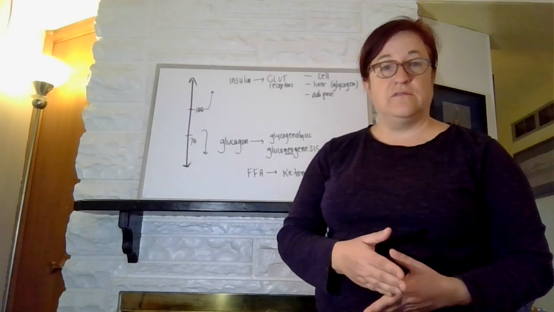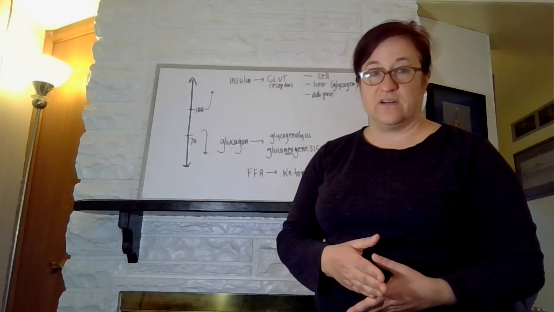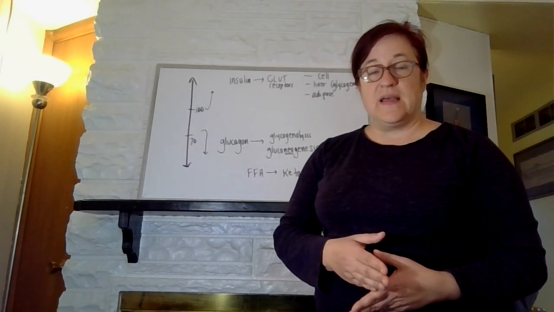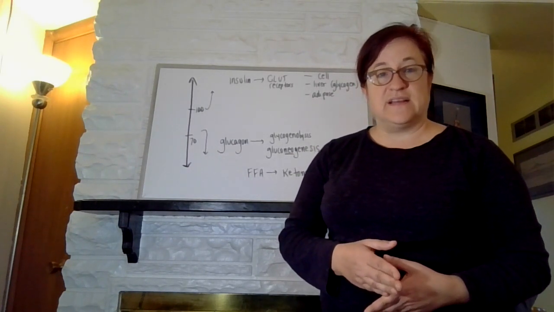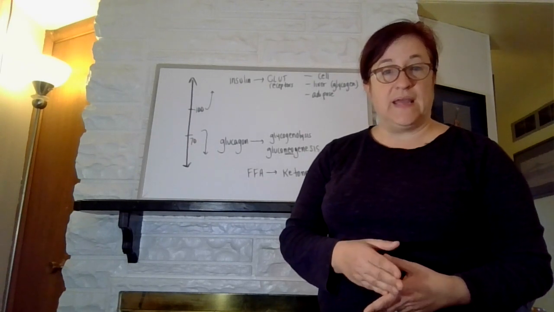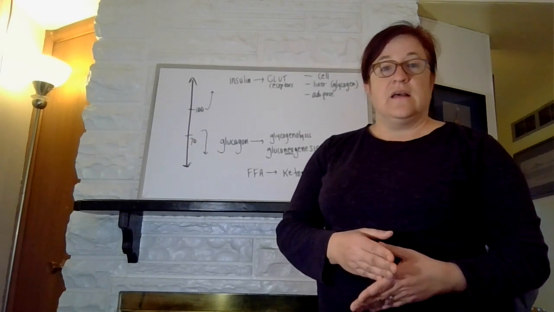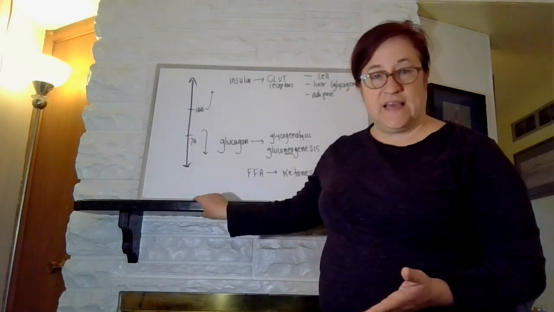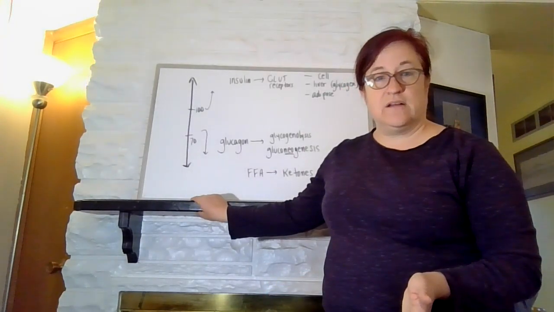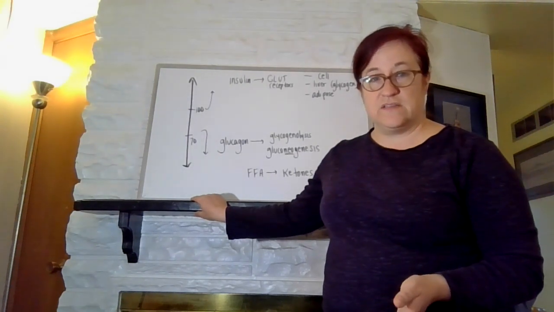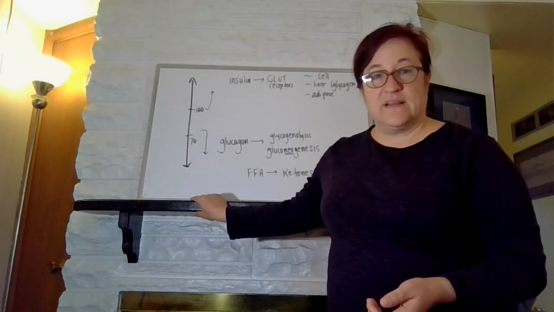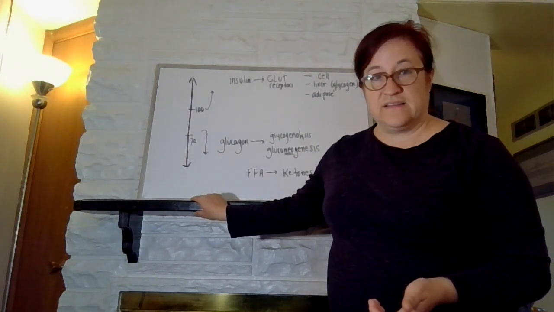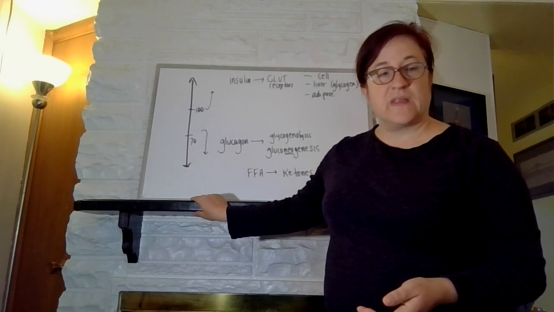And if we use all of our storage from the liver, then the next step is a process called gluconeogenesis, which means we are making glucose from a different source, is essentially what that word means. And so we take the fatty acids and create an alternative energy source called ketones. And in that way, we can still provide the energy needs of the brain.